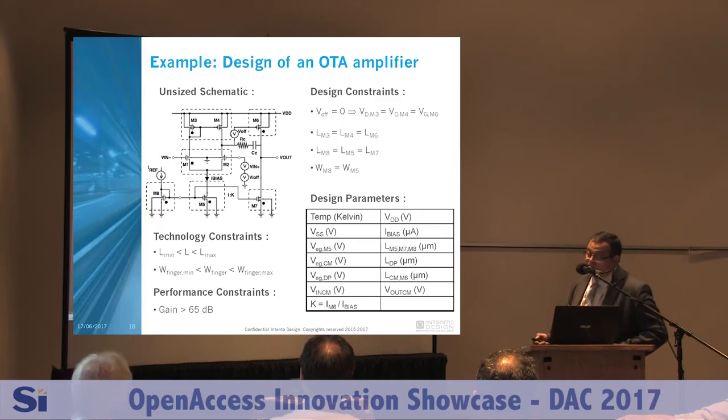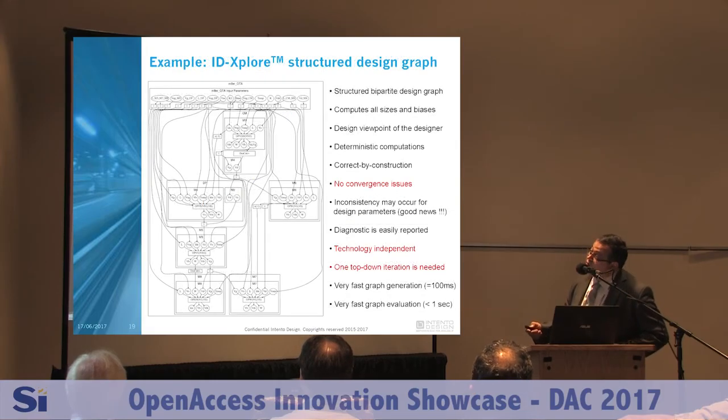It's a very simple graph, but it shows exactly how the designer would do it by hand. I will explain. The designer here will try to size M3, followed by M1, followed by M5, followed by M8. And this is what we should get from our tool.